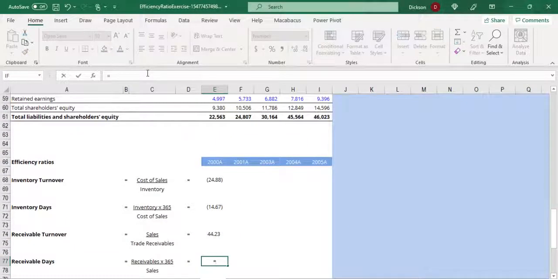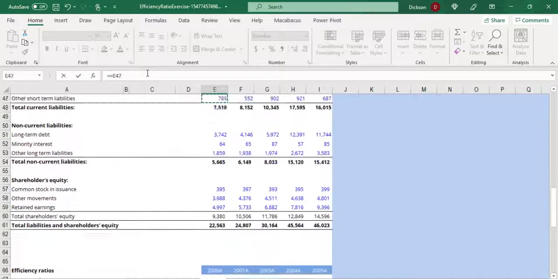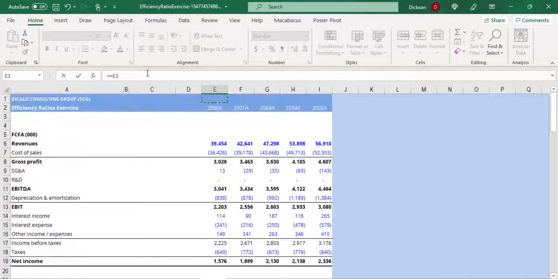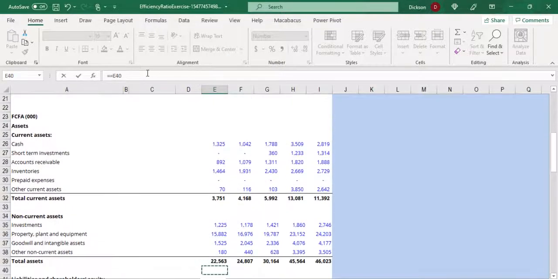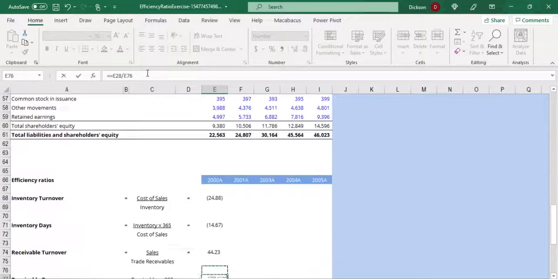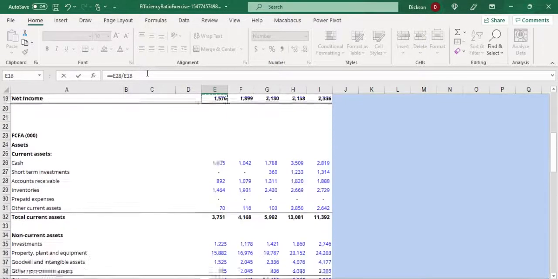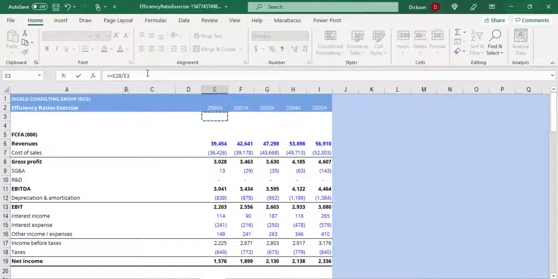We go down again. We have the value of receivable days. You want to evaluate how long it takes for you to collect money from customers from the date when you actually initiate sales. You'll be taking your receivables divided by sales and multiply by the number of days in a year. We go to our balance sheet or statement of financial position. We have our receivables divided by the sales.